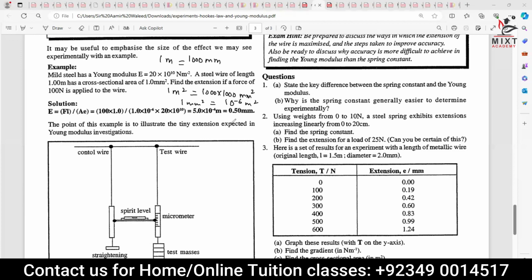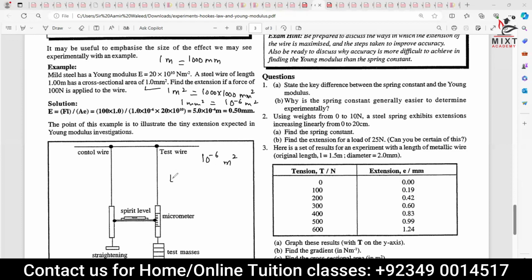So you have to multiply this one with 10 raised to the power minus 6. So basically that will be equal to 10 raised to the power minus 6 meters square. Now the rest is very simple.